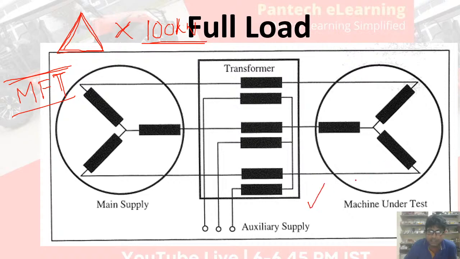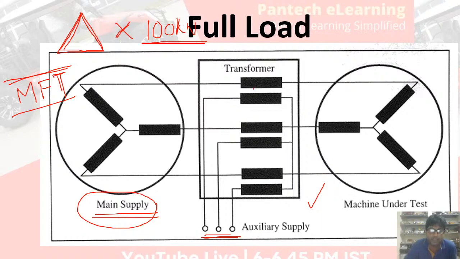This machine is under test. You just open the terminal box and connect in this fashion, and this supply you keep as rated for this machine, and to this transformer you apply a slightly low frequency.